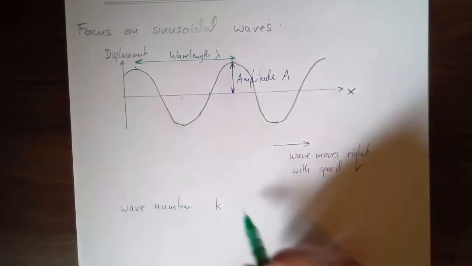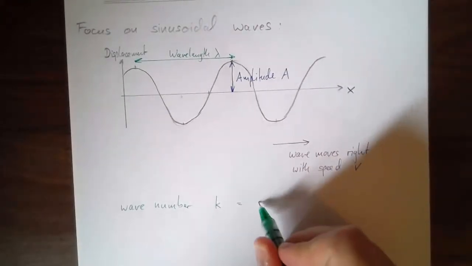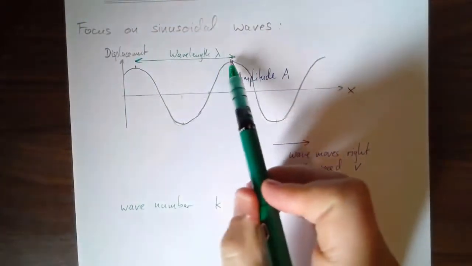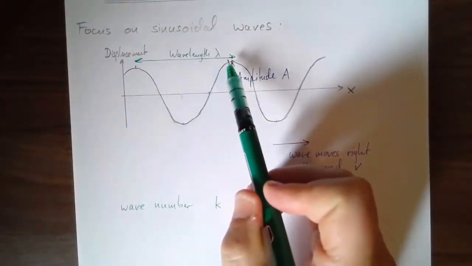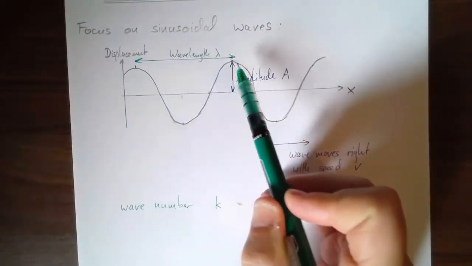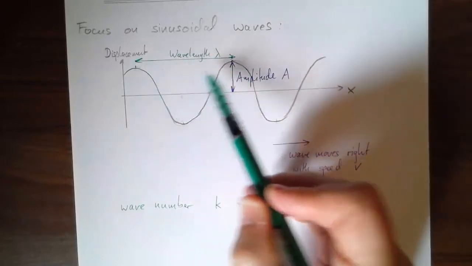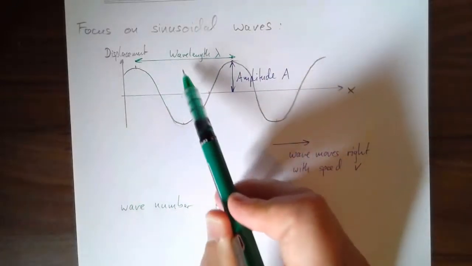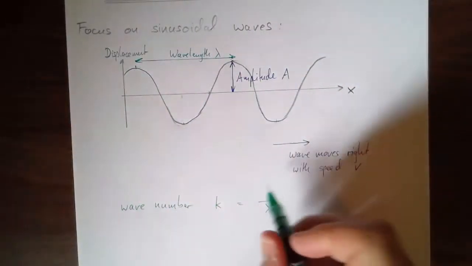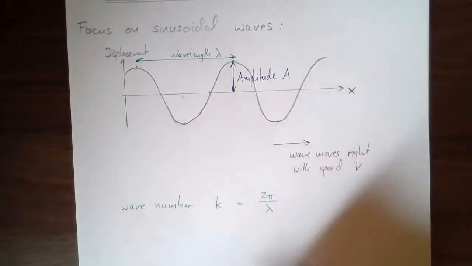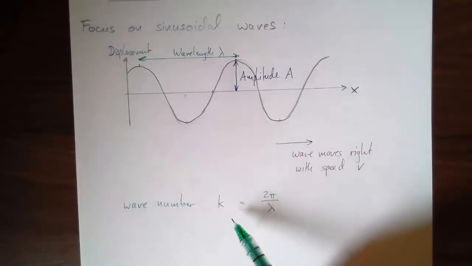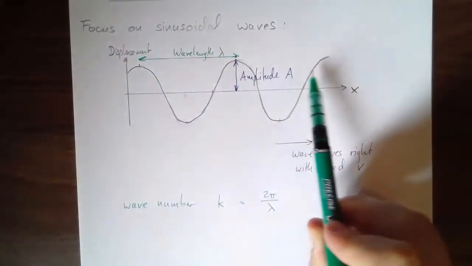The wave number k. Now you might think it's 1 over lambda, like the number of waves per meter. If the wavelength is 20 centimeters, 0.2 meters, then you'd have 5 waves per meter, or 1 over 0.2. If the wavelength is 2 meters, you'd have half a wavelength per meter. But then we multiply this by 2 pi, so this is essentially the analogous thing to the angular frequency omega, but across space.